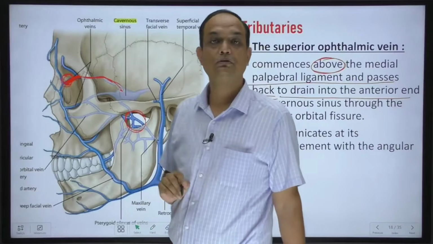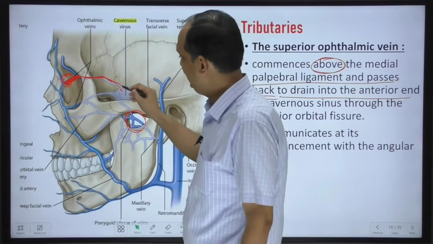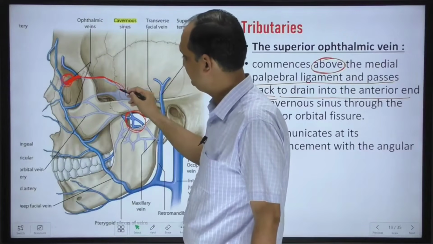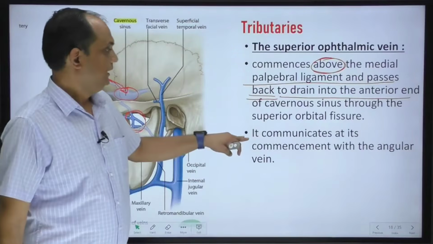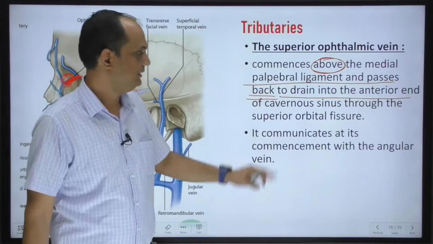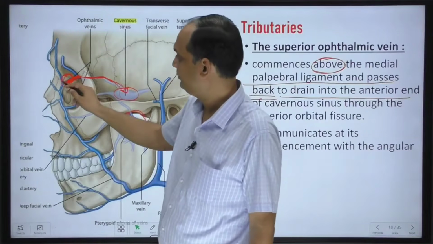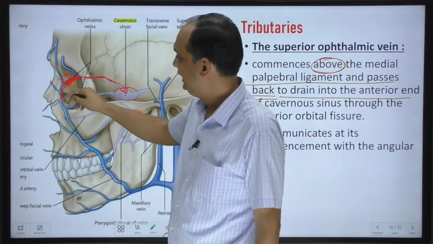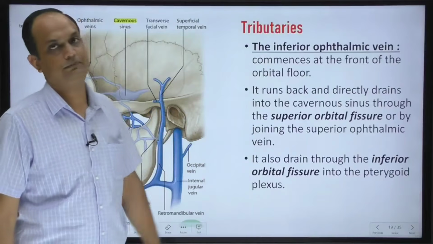It enters through the superior orbital fissure, entering into the middle cranial fossa, and ultimately draining here. This area is known as cavernous sinus. It communicates at the commencement with the angular vein. So जहाँ पे इसकी शुरुआत हुई, at the formation, it is also having the angular vein. Clear? Then you have the inferior ophthalmic vein.